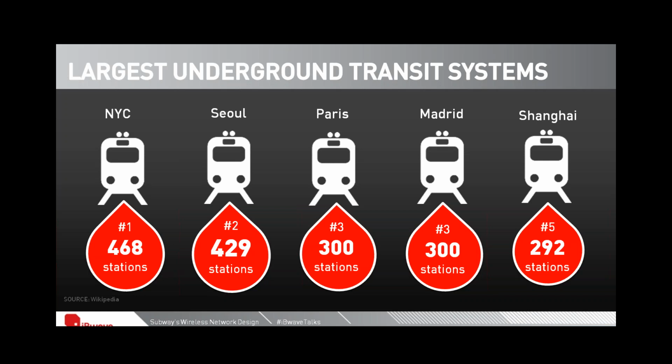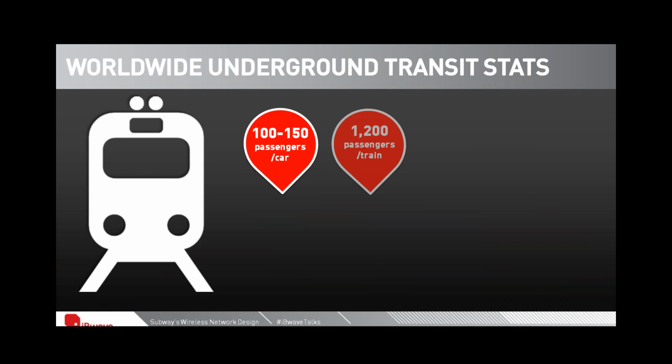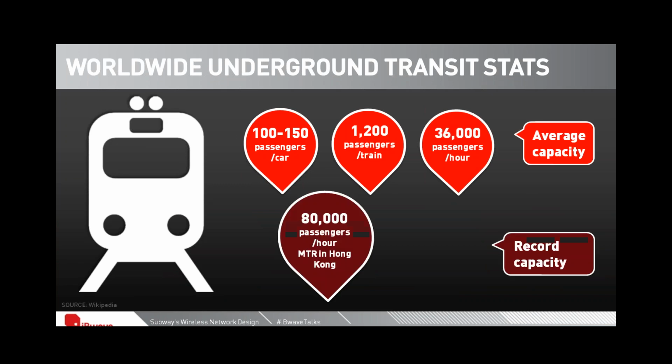Imagine having to design them from scratch. You will have to do that for at least 292 stations, and then if not more, which is a Herculean task. What is most important for our presentation today is this slide.